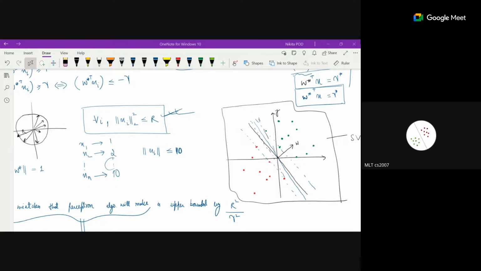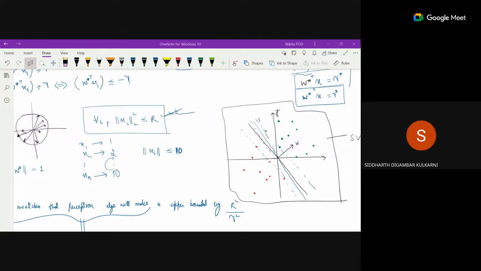If you look at it, the higher the gamma is, with more confidence you can say that your W is doing a better job. If I get any new data set, since the gamma margin is high, there is less chance that my algorithm will make a mistake.